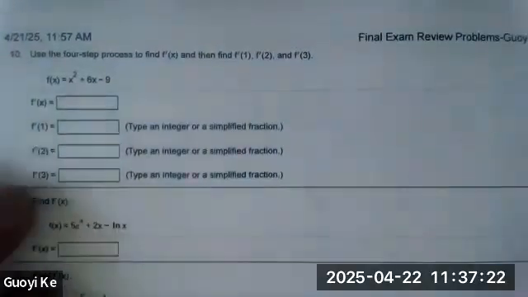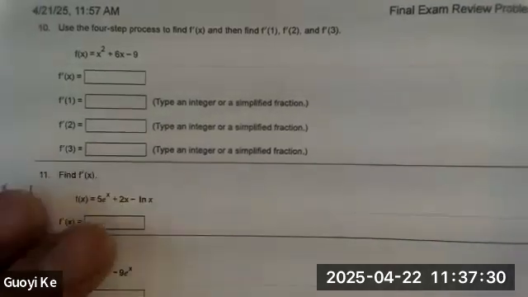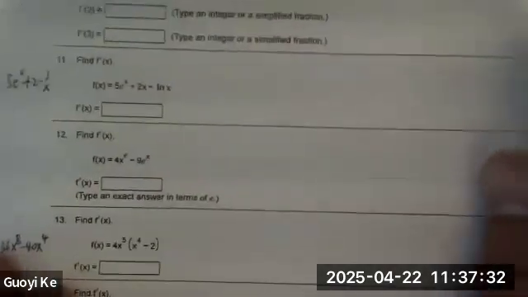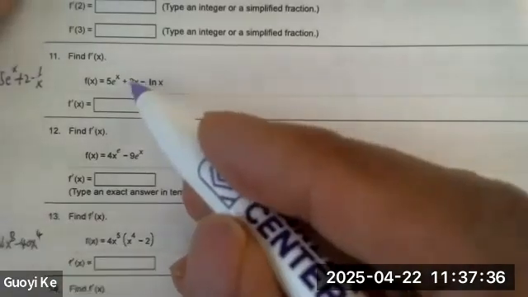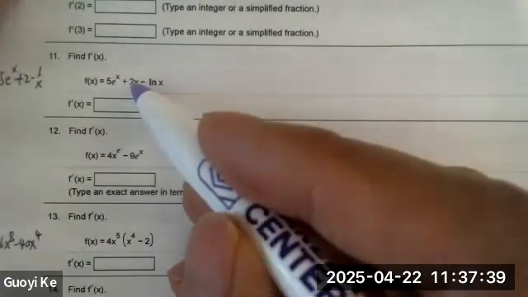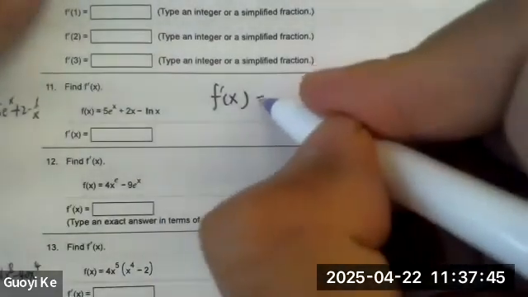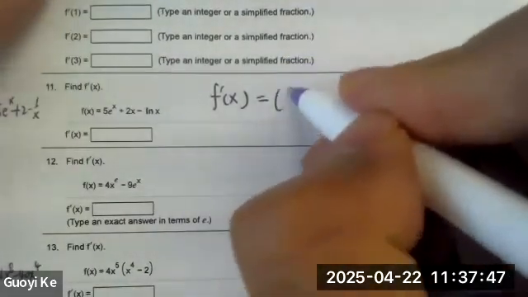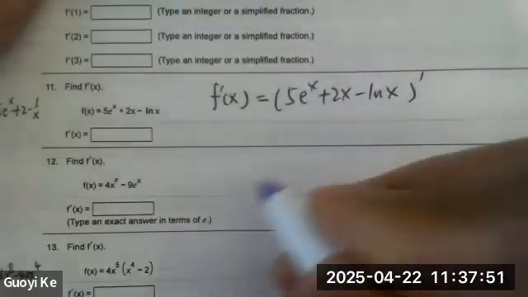Now let's go to question 11. Question 11 is about the sum and difference rule. So we have three terms, right?